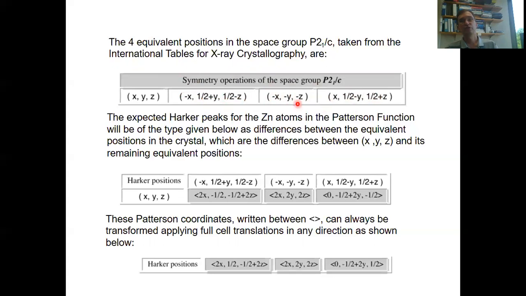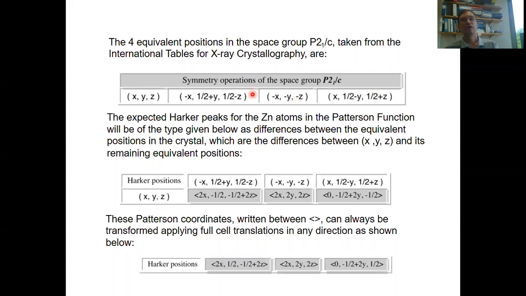So this position is created due to an inversion center present in the unit cell. This position is created because of the 2-1 screw axis, and this position here is created because of the c glide plane.